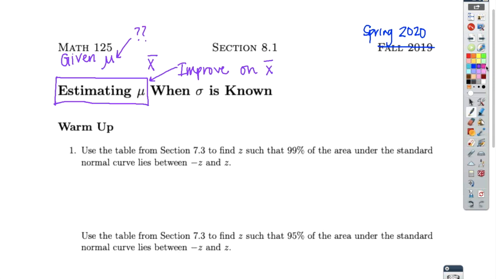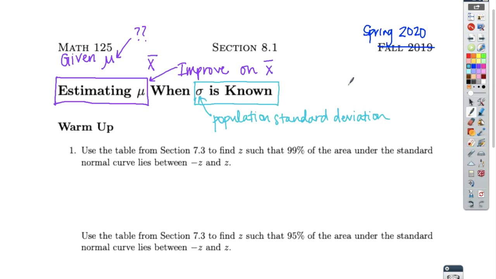Now, this is going to be divided into 3 different sections. In the first section, the population standard deviation will also be given. So, again, population standard deviation. That might also raise some red flags. Like, if we don't know the population mean, how on earth are we going to know the population standard deviation?